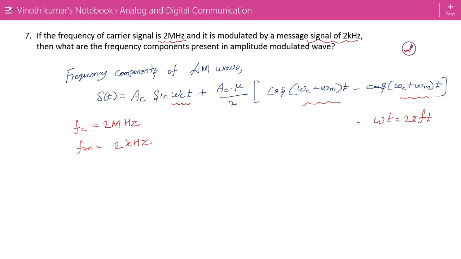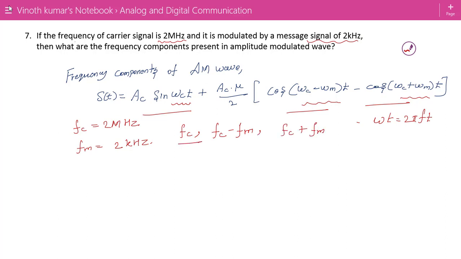So we need to calculate fc, the carrier frequency component, and the frequency components of the lower sideband and upper sideband, that is fc minus fm and fc plus fm.